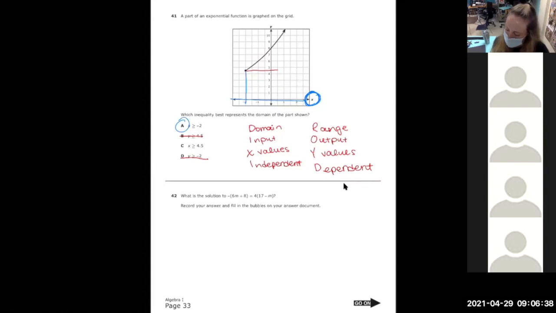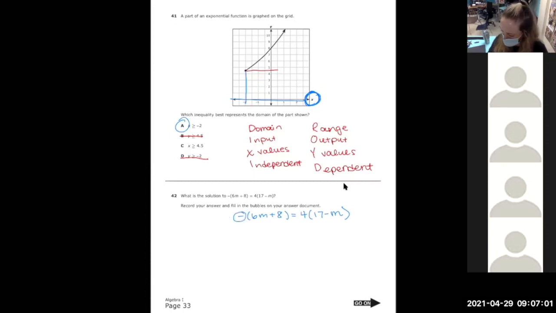All right, number 42, we are just solving this equation. So let's work through this. This is actually what our next unit is going to be reviewing. So our first step when solving equations is to distribute.